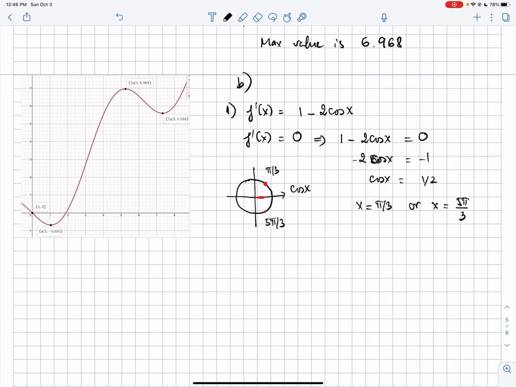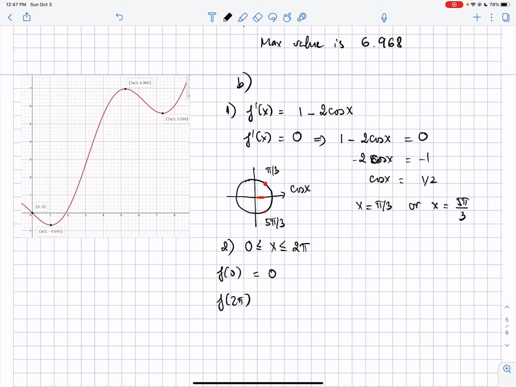We don't have any point that makes 1 minus 2 cosine of x undefined. So then step number 2, we will plug in the endpoint values 0 and 2 pi. Okay, so we find f of 0 and f of 2 pi. f of 0 is 0.